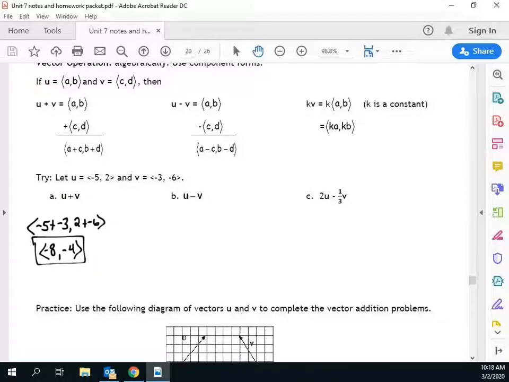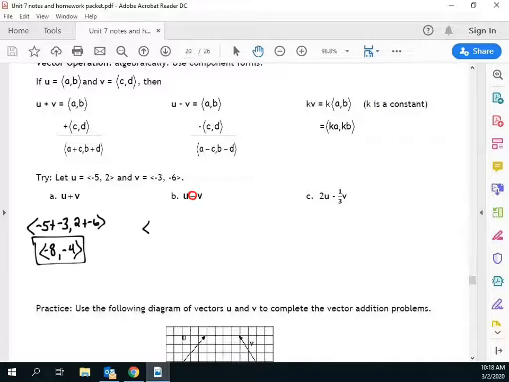And you just end up with that there. You add the x's and you add the y's. For B, you subtract the x's and you subtract the y's. Note there is a minus sign here.